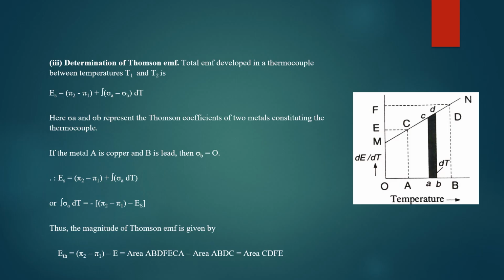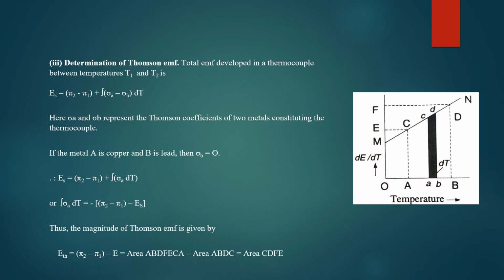If the metal A is copper and B is lead, we all know that the Thomson coefficient for lead is 0. Therefore, sigma B is equal to 0. Substituting in this equation, E is equal to pi2 minus pi1 plus the integral of sigma A dT. Therefore, keeping this here, if we bring this minus of pi2 minus pi1 over.